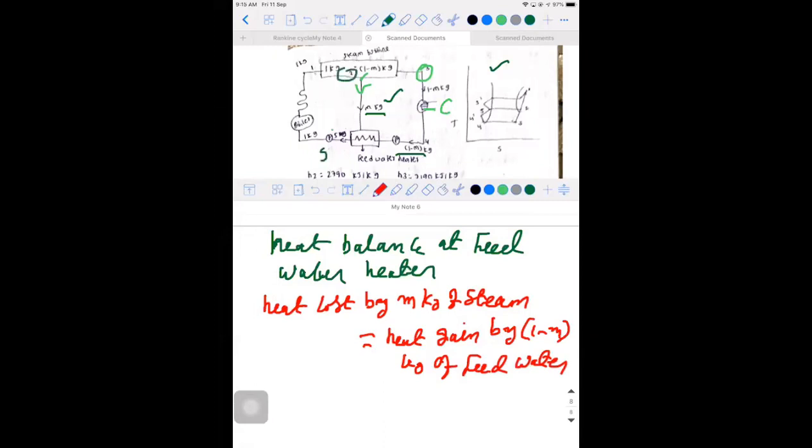So the heat lost is m into (h2 minus h5), which is equal to (1 minus m) into (h5 minus h4), since the feed water enters at state 4 and leaves at state 5.